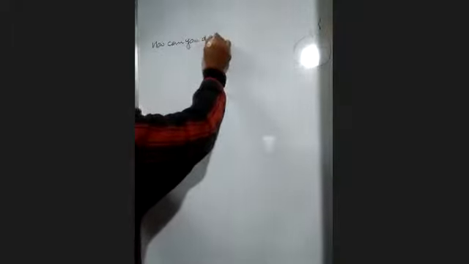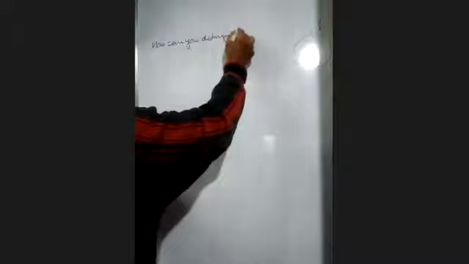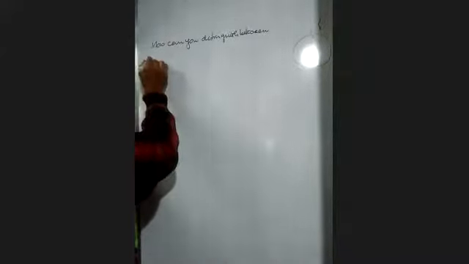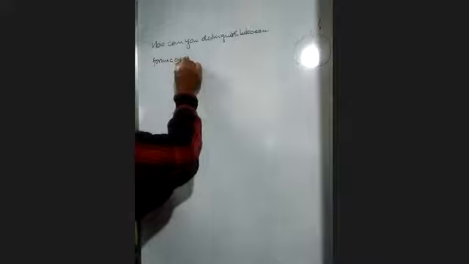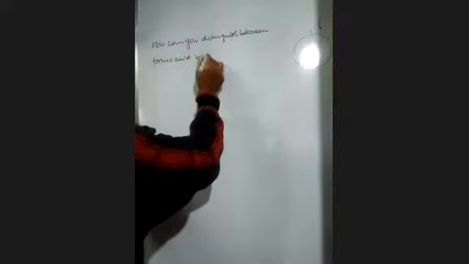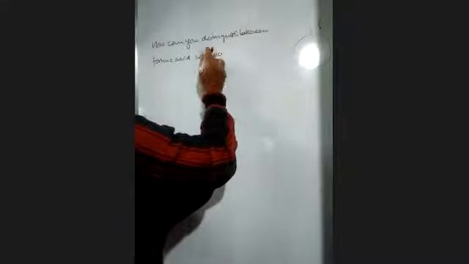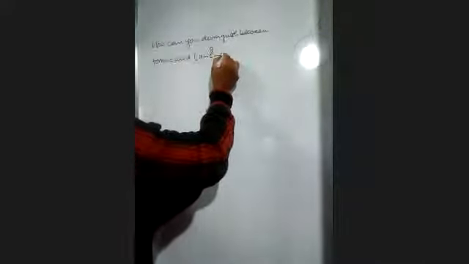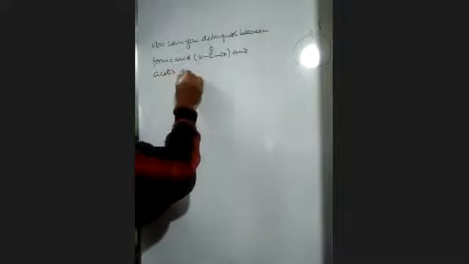Okay, now how can you distinguish between formic acid, the formula you know, HCOOH, and acetic acid?